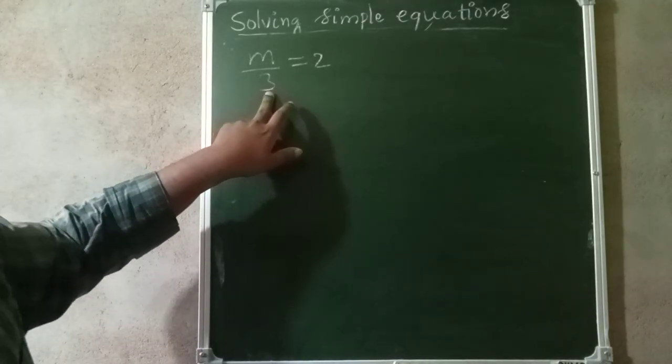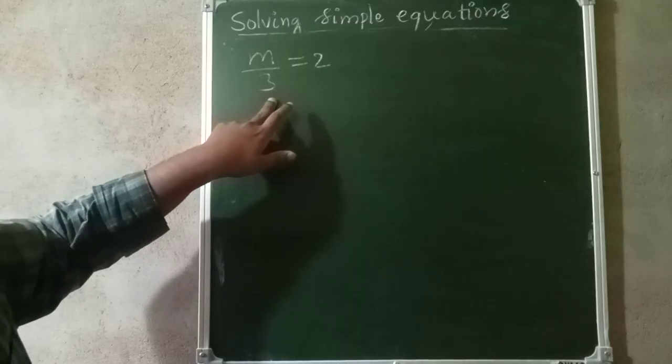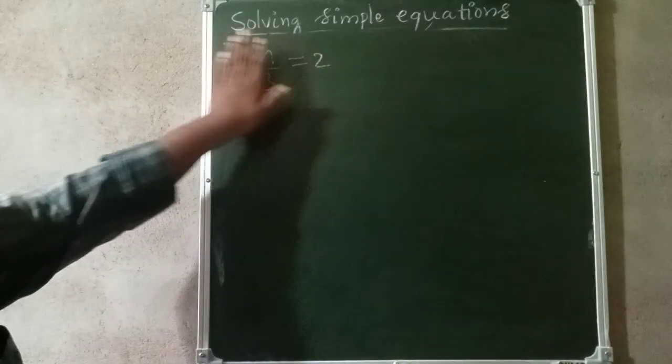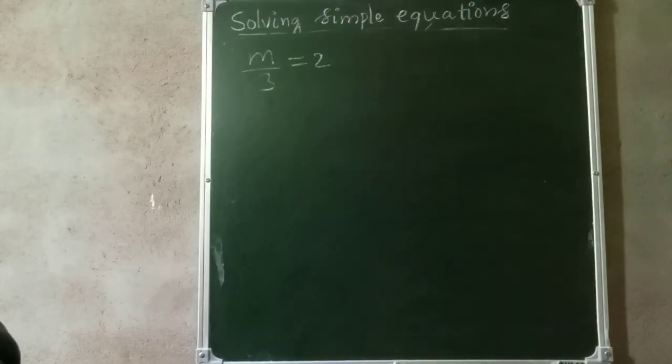Since this is divided by 3, we have to remove this 3. We cannot simply remove it. If we simply erase it, that will be wrong. So we have to follow the process.